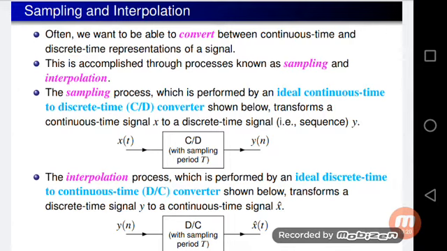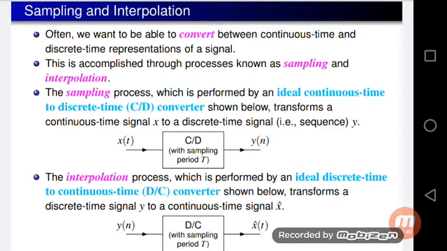And the related diagram of a continuous sine signal and a discrete time signal: when I am applying x of t, it is a continuous signal. C by D converts continuous to discrete time signals. y of n is discrete. So this is a simple form of sampling.